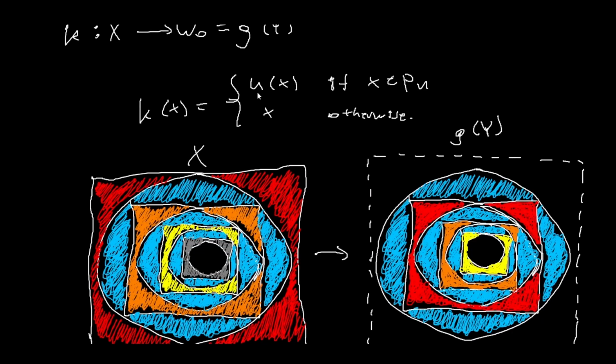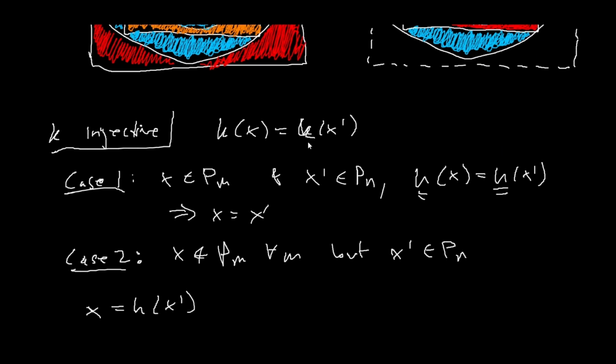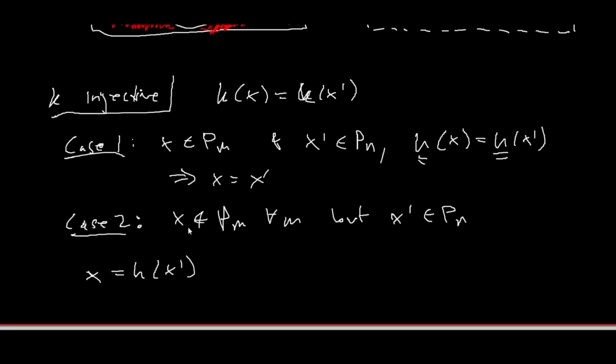So we defined K to be h of x if x is in P of n, and otherwise it's just x. So in this case, x is not in P of m, so it just stays. And then K of x prime reduces to h of x prime. So that's how we got this equation.